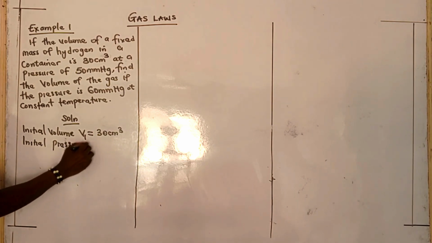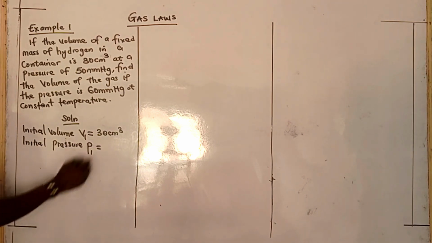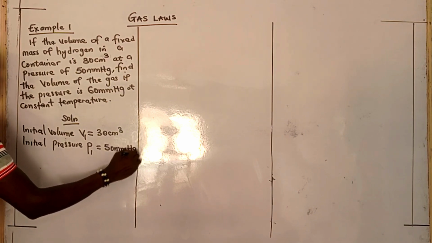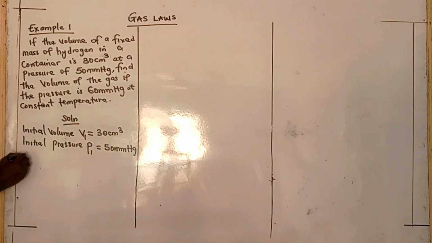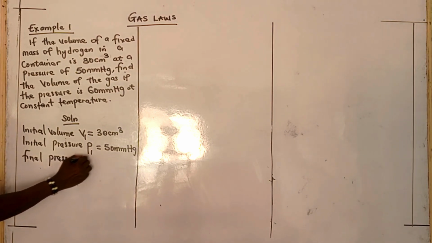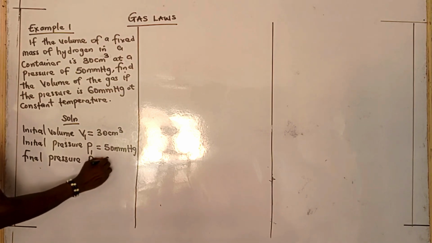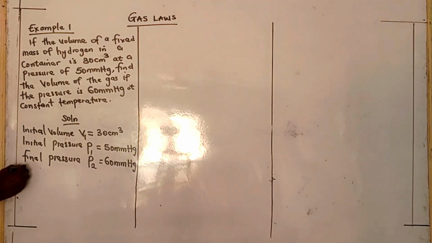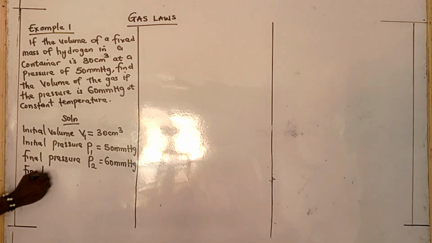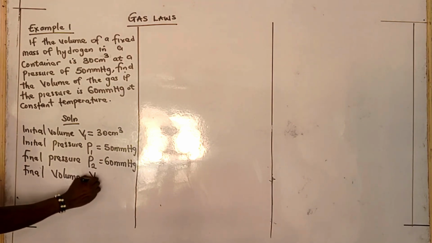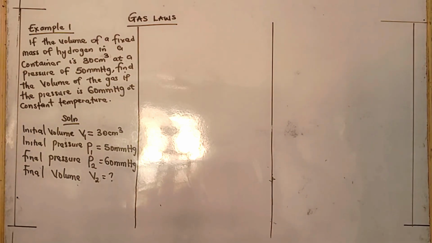So the initial pressure, which is P1, is equal to 50 mmHg. Then we're given the final pressure, which is P2, equal to 60 mmHg. Now we are asked to find the final volume. So the final volume, which is V2, is what we are looking for.